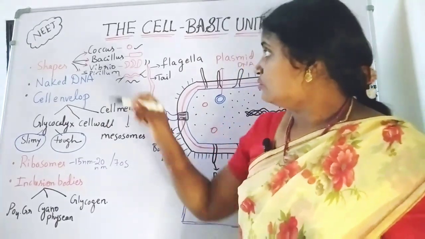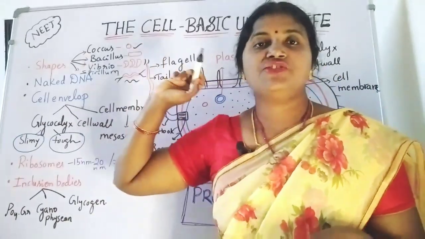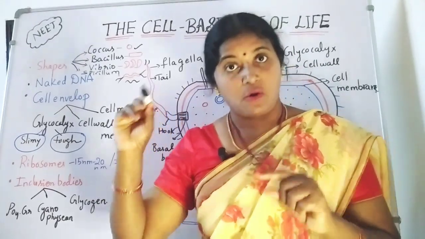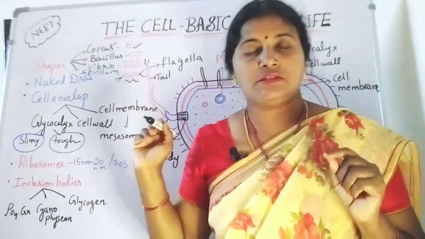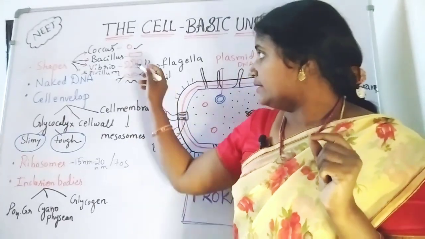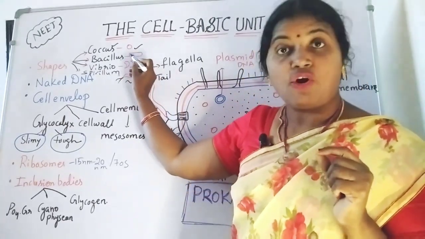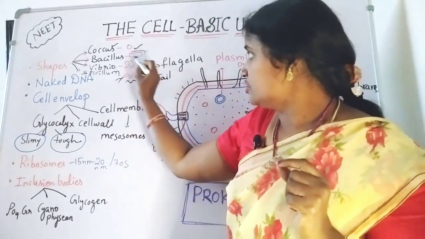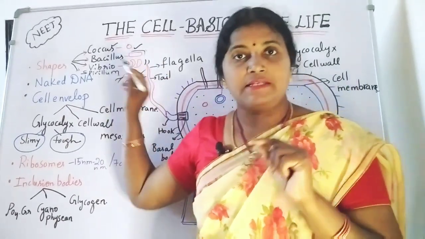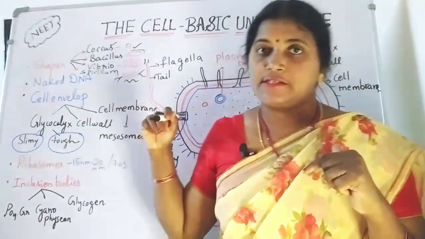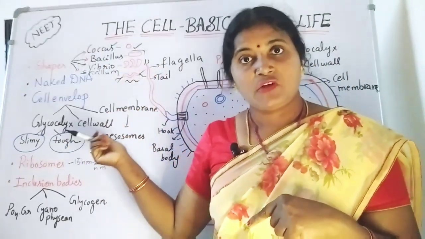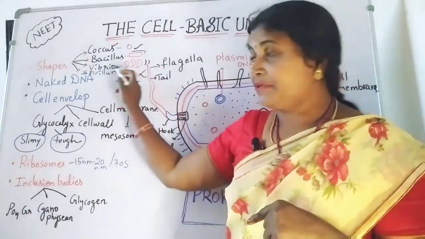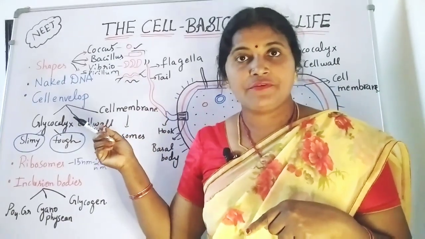The organisms which are round in shape come under coccus, like streptococci. The rod shaped organisms are bacillus, like lactobacillus. Then comma shaped is vibrio, like Vibrio cholerae.